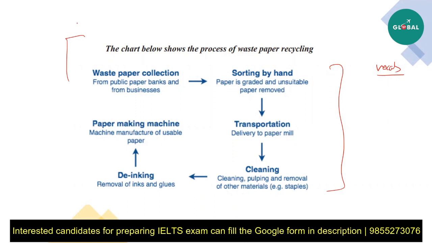The given process cycle illustrates step-by-step process of waste paper reusing. Can you repeat it one more time? The given process chart illustrates step-by-step process of waste paper reusing. Okay, yeah, that works. Waste paper reusing actually will mean something different. Go for recycling here.